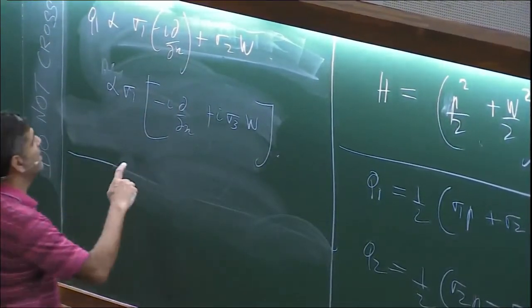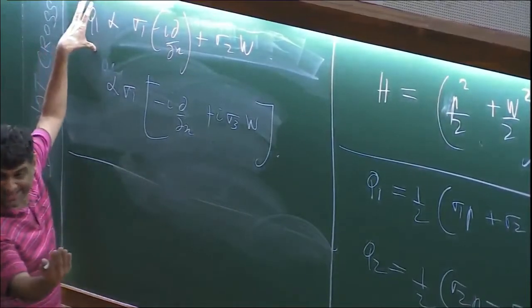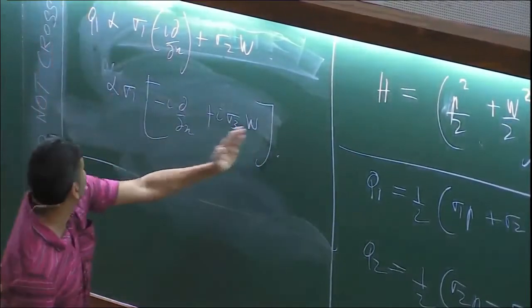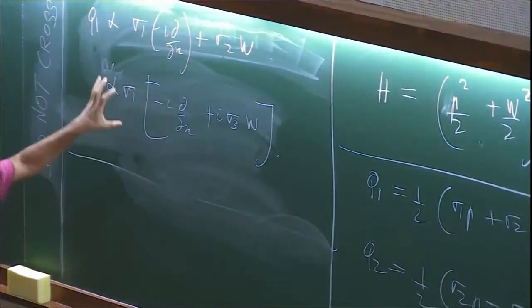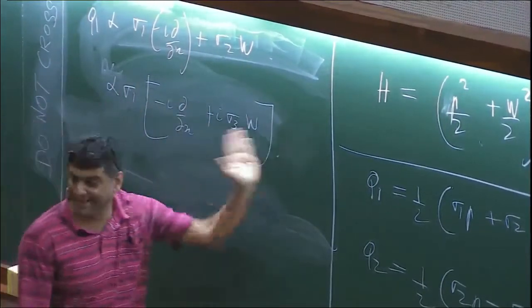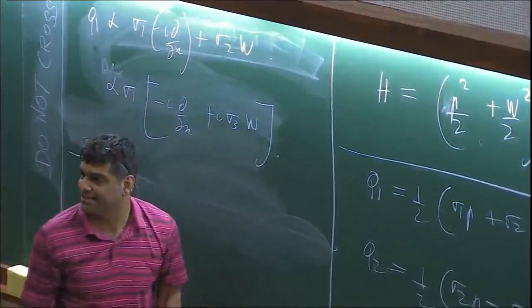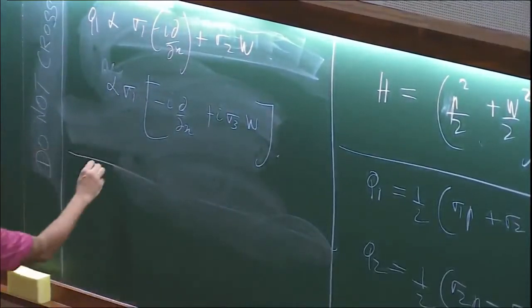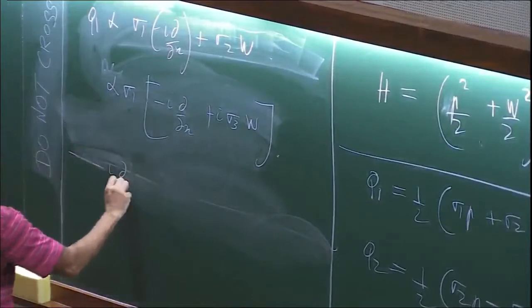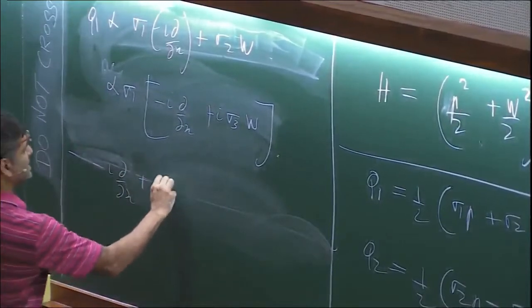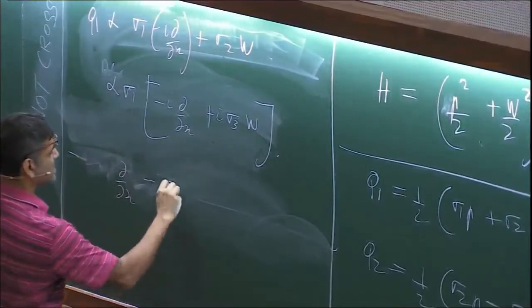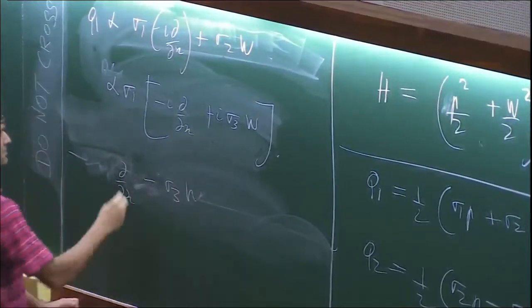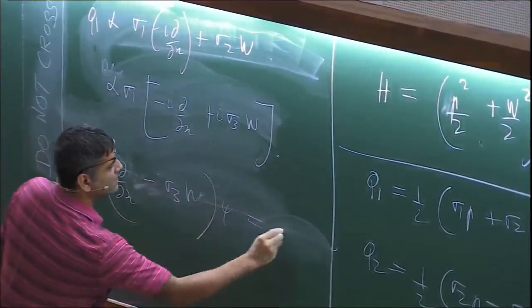Great. So if Q1 annihilates the state, so does this quantity, because sigma 1 has eigenvalues plus minus 1. So the only way that this can annihilate the state is that the guy on the right annihilates the state. And so we get the differential equation minus i del by del x plus i sigma 3 W on psi is equal to 0. We can cancel the i's, put a relative minus sign.